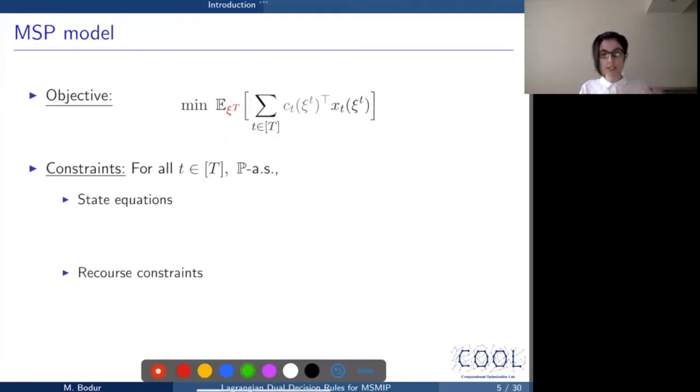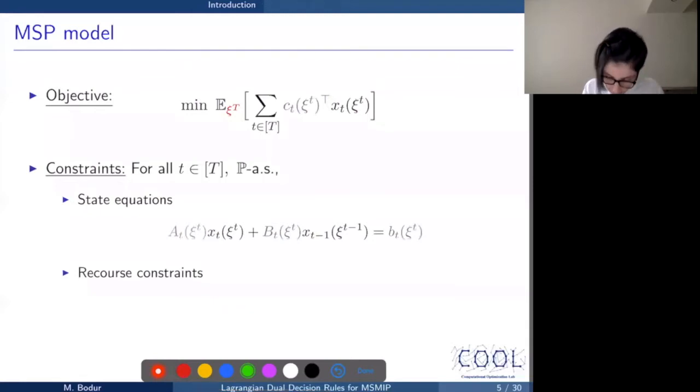In terms of constraints, for every stage T and for every possible future sample path, basically almost surely, we have to satisfy two types of constraints. The first of those are known as state equations, because what these are doing is linking our previous stage decisions to our current stage decisions. So this is the glue between different consecutive decision-making stages.